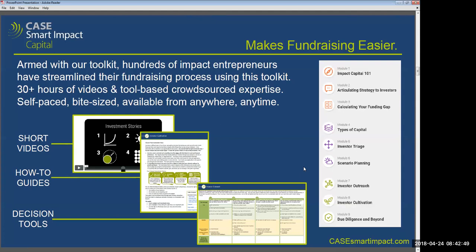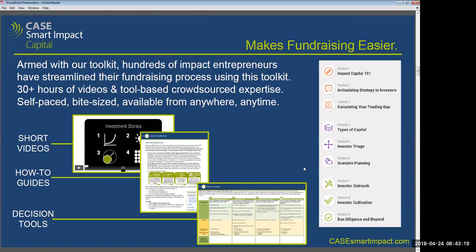Given the context of this toolkit, which as you can see has 9 modules along the right, the modules are collections of these videos and decision tools. They're built around the common sequence that any entrepreneur needs to go through to get from "I might want to raise some investment capital" to "this is the deal I should feel confident signing." But we've integrated it with impact.